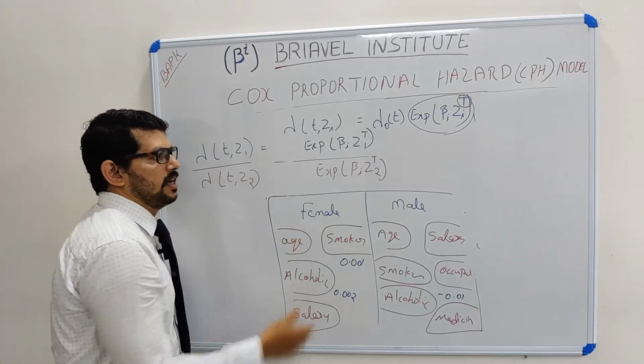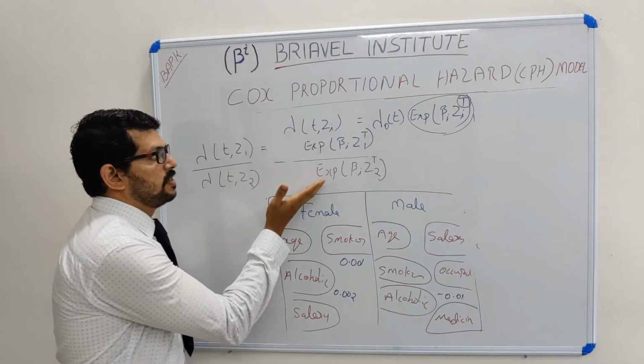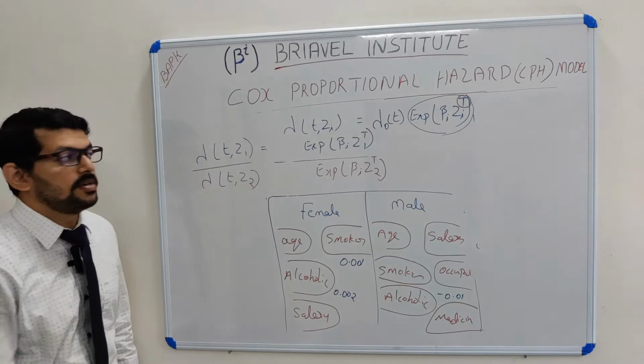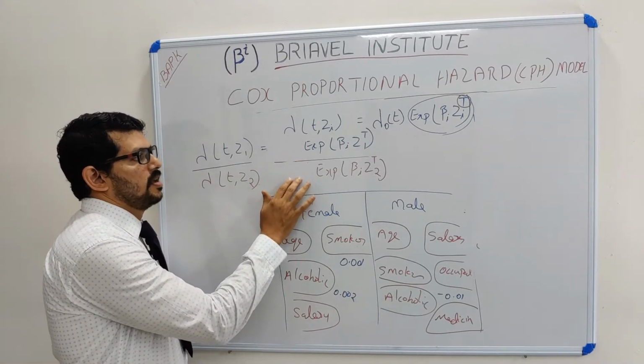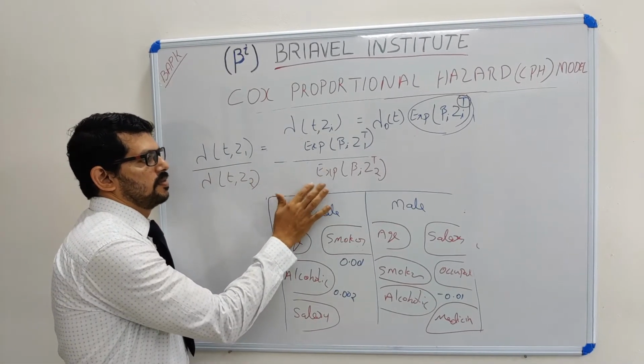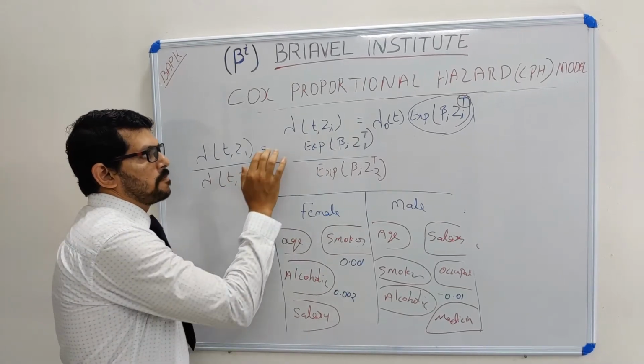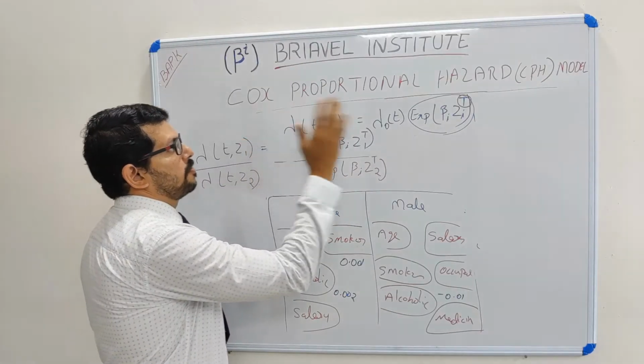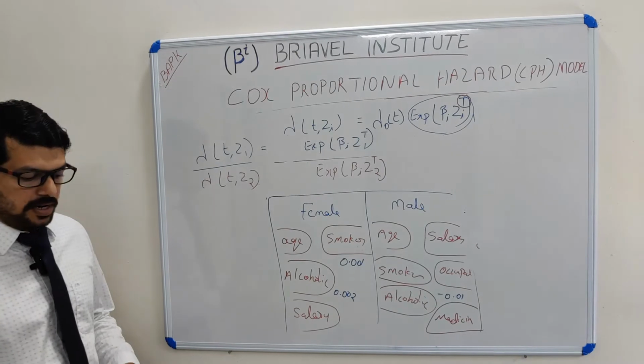The shape of the baseline hazard is not affecting the comparison because we cancelled the term. So that is the reason we say Cox proportional hazard is a semi-parametric model.